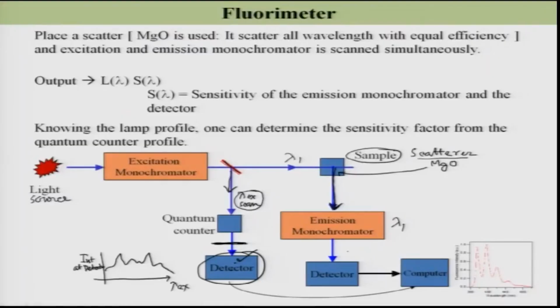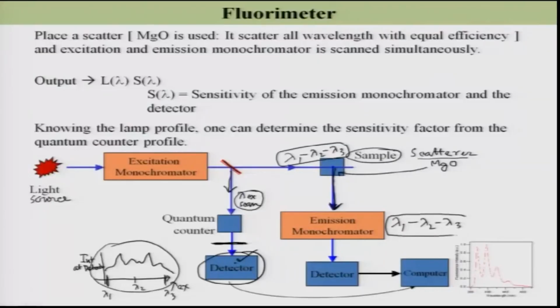That means, in this case, I will scan this wavelength region, that is my lambda excitation. Let me write here lambda 1, lambda 2, lambda 3. I will scan it from lambda 1 to lambda 2, lambda 3, and simultaneously I also have to set this value here to lambda 2, lambda 3. That means, a synchronous change of wavelength of the excitation monochromator as well as the emission monochromator.